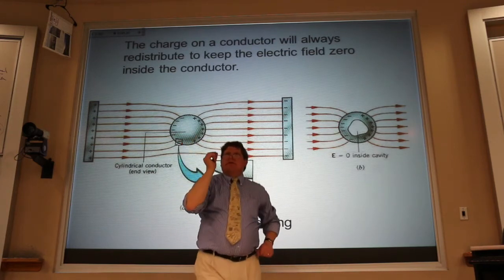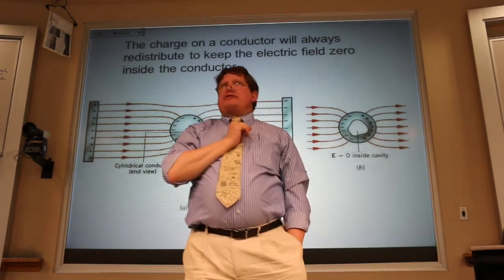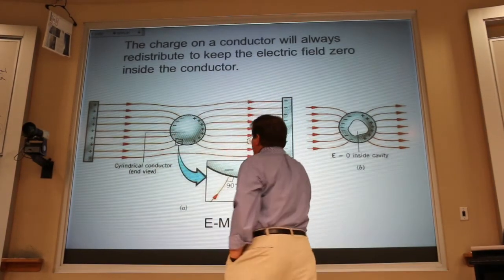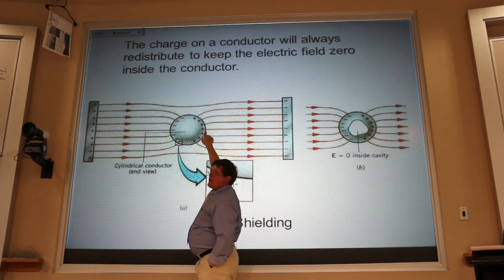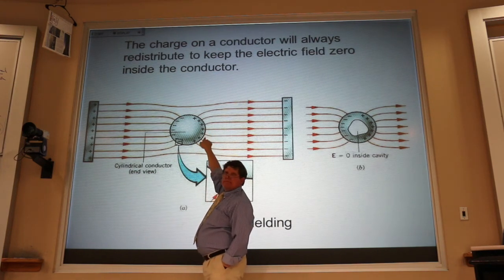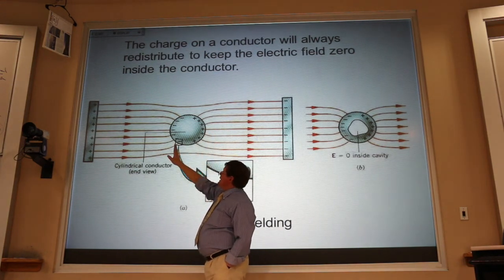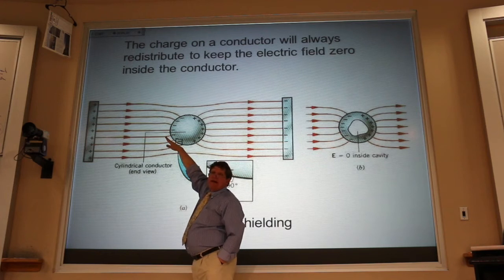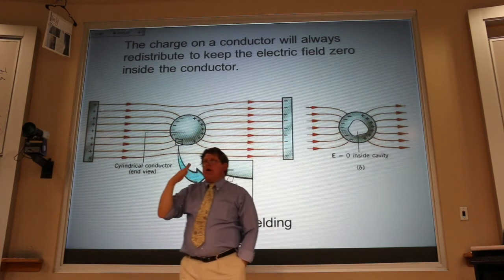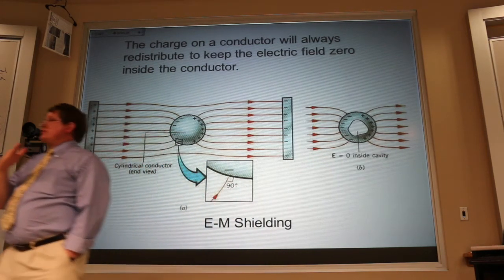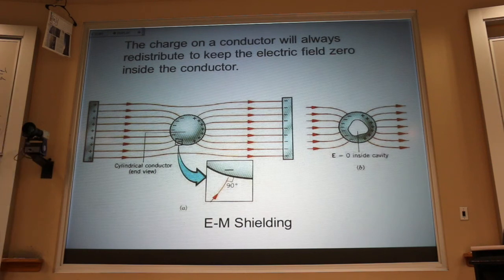Now there's a second characteristic of this shielding, and that is that electrons are free to move around the surface of a metal. So if I had an electric field that had a tangential component, if part of the electric field was tangent to the surface, it would push electrons, and electrons would still be moving. They would still be trying to get to their happy place.